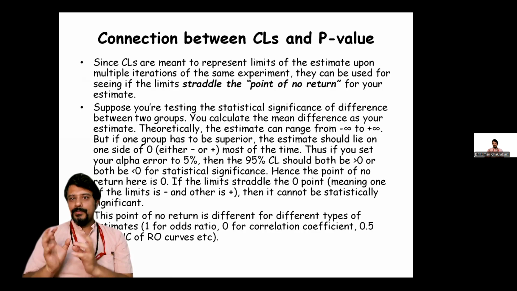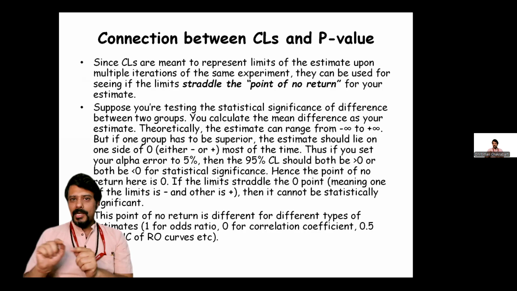You calculated the means, you subtracted the means, you got a pooled standard deviation, and for that difference of the means, you calculated standard error and you calculated confidence limits. Now suppose one of the groups is larger than the other, so whatever estimate you are taking in one of the groups, that mean is larger than the other.